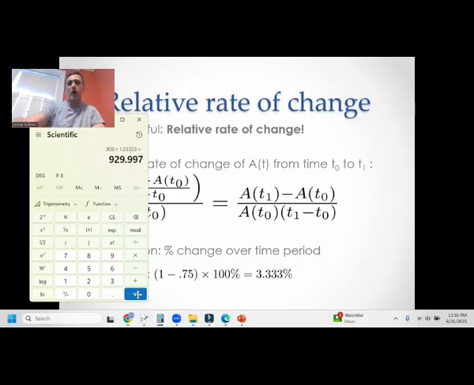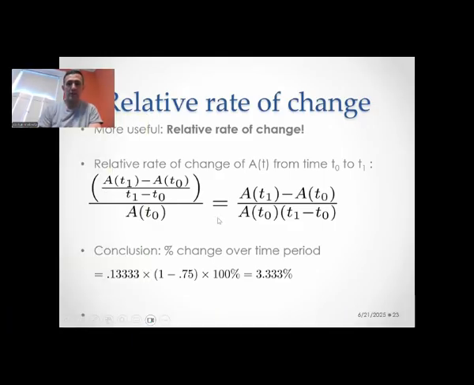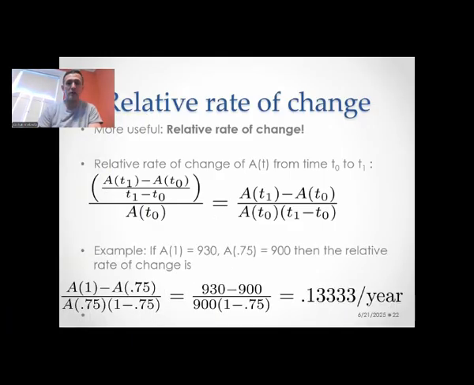The threes continue on forever, so we're off by less than a penny. But yeah, so 900 grows by 3.333% in this 3-month time interval. That means we go from 900 to 930, which is exactly what actually happens.